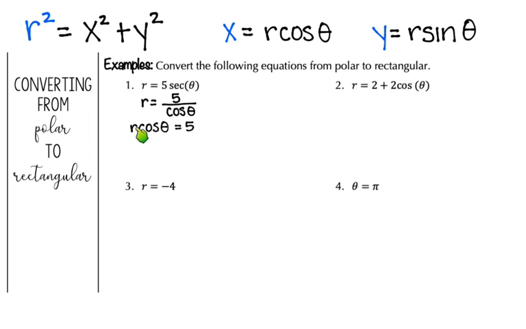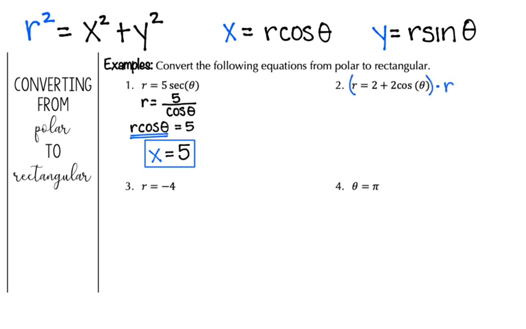And then you go, oh, look at that, r cos theta. So by changing secant into 1 over cosine, because it was 5 secant theta, I've got 5 over cosine theta, multiply both sides by cosine theta, and now we say, oh, our r cos theta is just x, so this is x equals 5. This happens to be a vertical line, if we were to graph it, at 5.